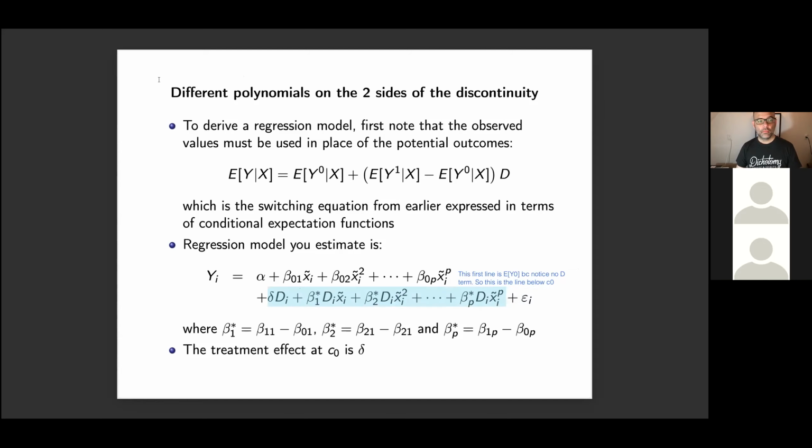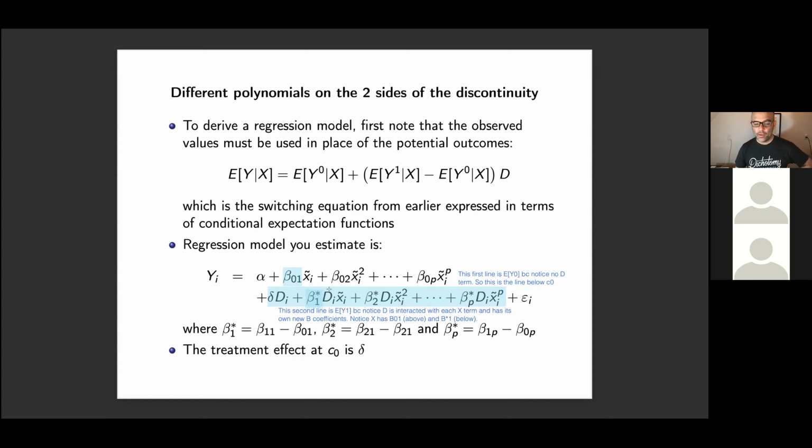This second line is expectation y1, because notice D is interacted with each X term and has its own new coefficients. X has beta 0,1 below and beta star 1 above. So you've got a beta 1 coefficient, and then you've got a beta star coefficient.